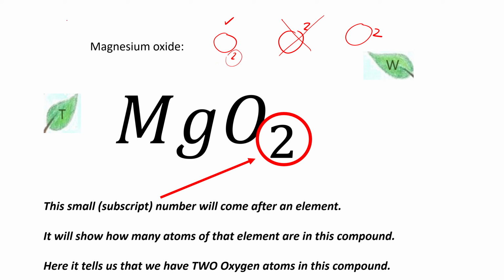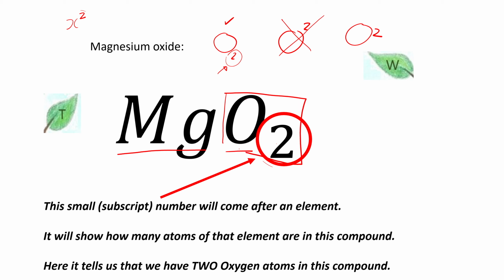Okay, it has to be below and small. It's not like in maths, where this is a superscript. That's x squared. We have a subscript, which is slightly below. This means that that's how many oxygens I have. Now I've got an element here, magnesium, and I've got oxygen. The 2 only applies to the element that it goes after.